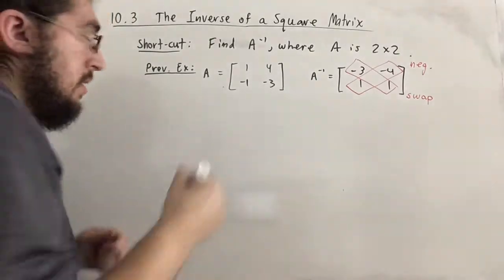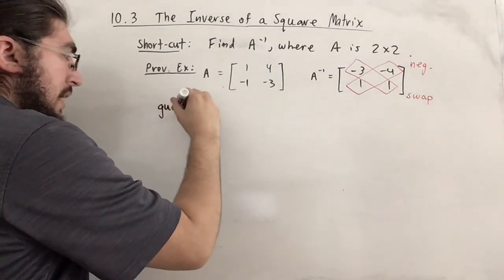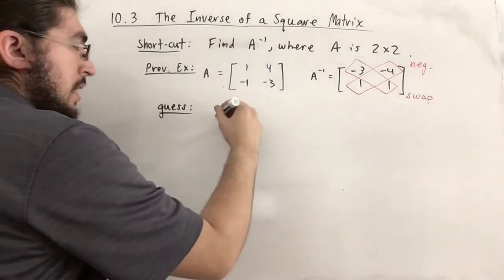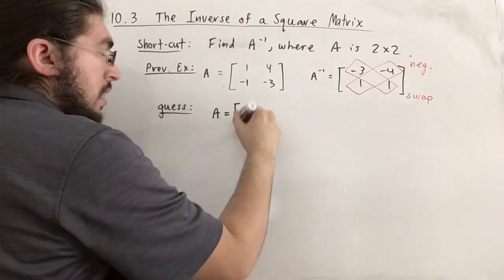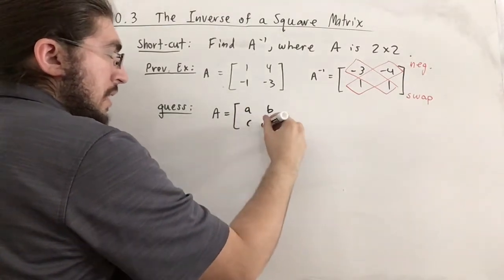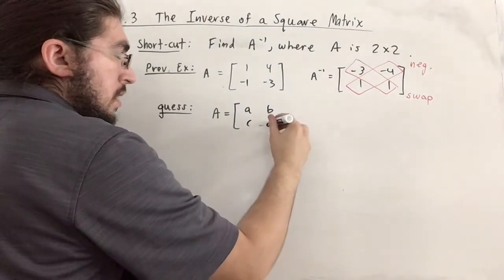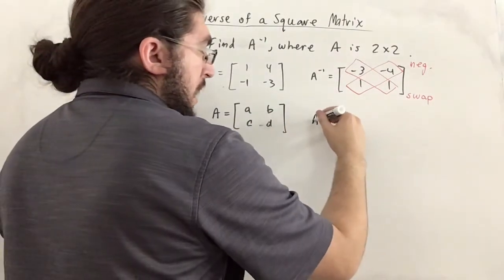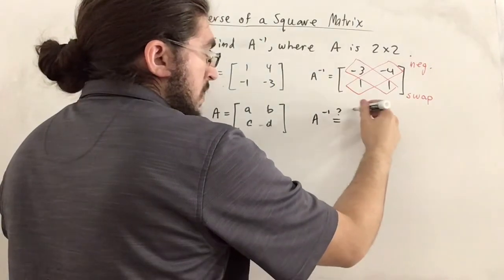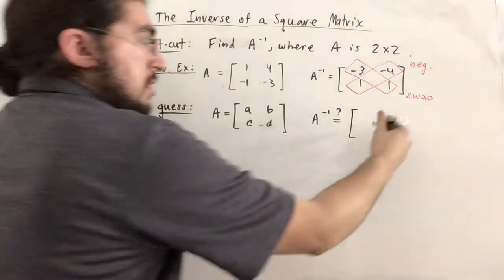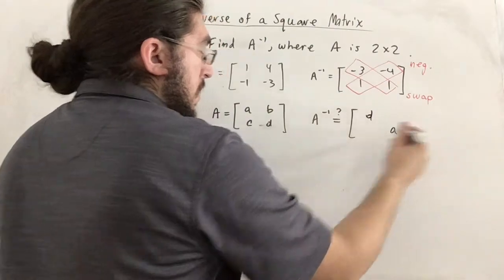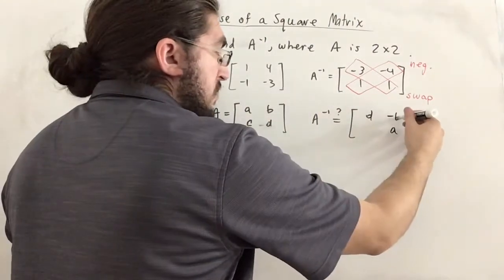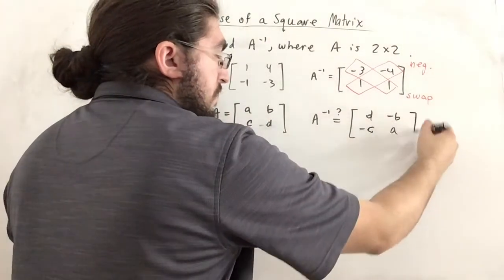So that's our guess. So our guess from that example, just from experimenting, is that if A is [A, B; C, D], this 2 by 2, then A inverse, maybe, is, let's see, swapping these two, so that gives me D, A, and then negating these two gives me -B, -C.